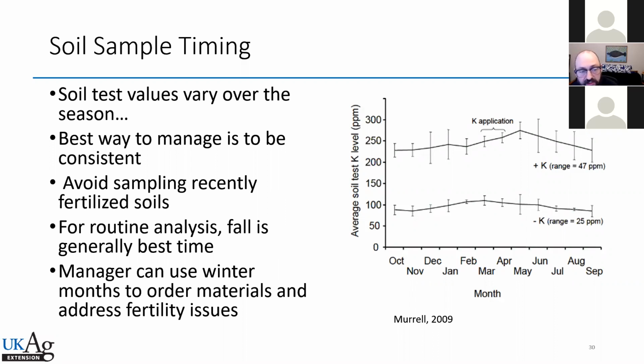So 0-0-60, let's talk about this for a quick minute. It's a really good question. On that fertilizer bag label, 0-0-60, the first number is the percentage on a weight basis of nitrogen. So urea is 46-0-0.